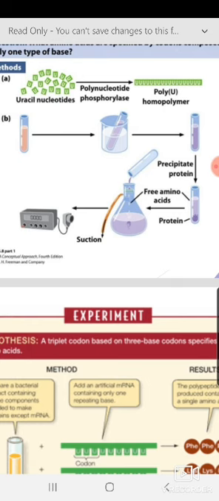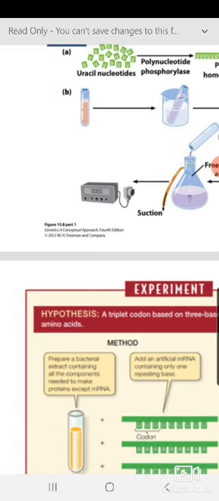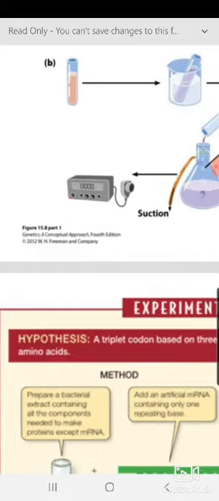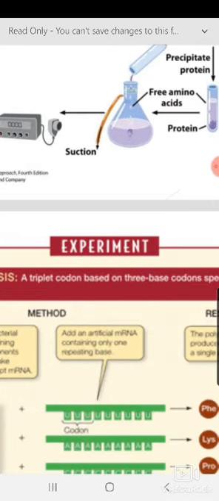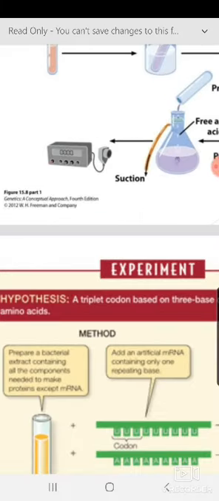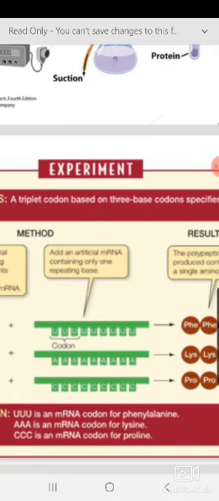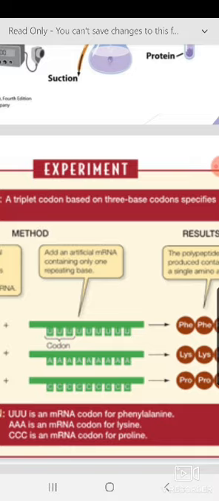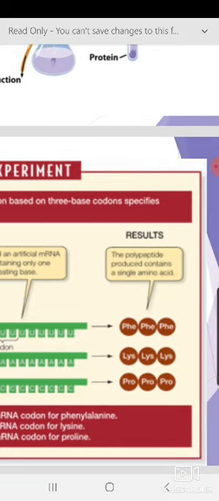You know why? Because we are detecting by a radioactive detection method, so in that tube our detection cannot recognize the peptide. By doing the experiment this way, they first deciphered that UUU codes for phenylalanine.